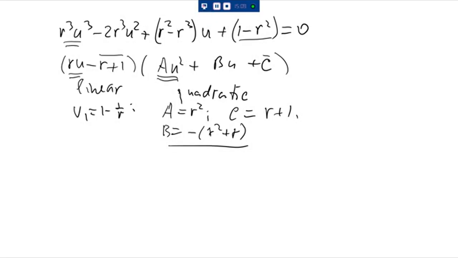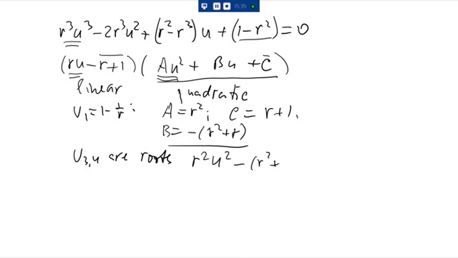So U3 and U4 are roots of this quadratic, and if we put the values of a, b, and c there, we will have r squared u squared minus (r squared plus r) times u plus r plus 1 equal to 0.